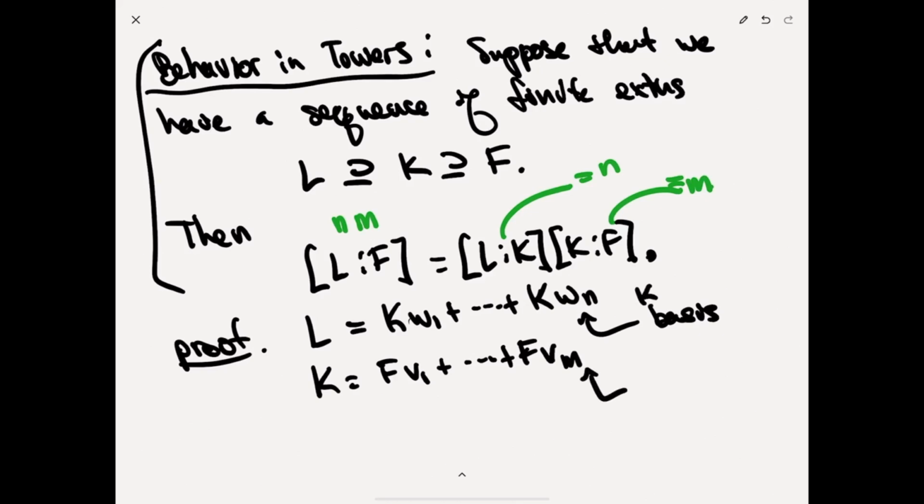This is a K basis, this is an F basis. So K linearly independent elements are F linearly independent.